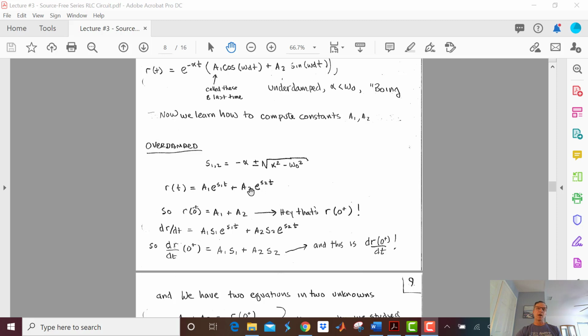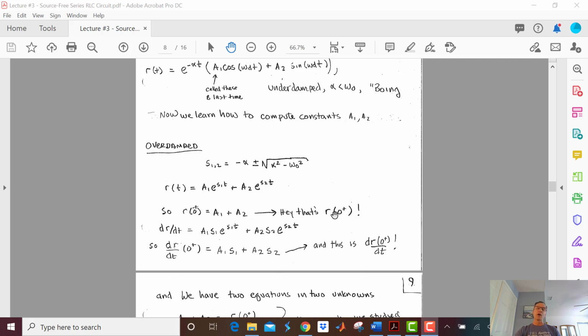I know that this is what my response looks like, and I know that the response at time equals 0 plus is going to be A1 plus A2, because if t is equal to 0, I have e to the 0 here, and we know that that's 1. So at time equals 0 plus, the response will just be A1 plus A2. Hey, that is the response at 0 plus. Isn't that what we did in a bunch of problems that we solved for our 0 plus?